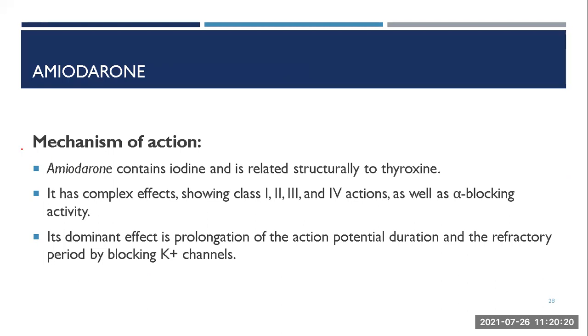Okay, so the mechanism of action of amiodarone. This drug contains iodine and is related structurally to thyroxine. Okay, so it has complex effects showing class 1, class 2, class 3, and class 4 actions of the anti-arrhythmic drugs, as well as alpha blocking activity.